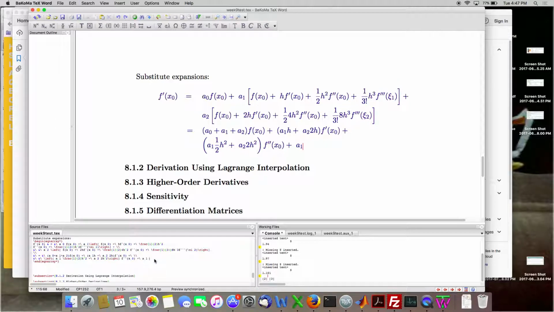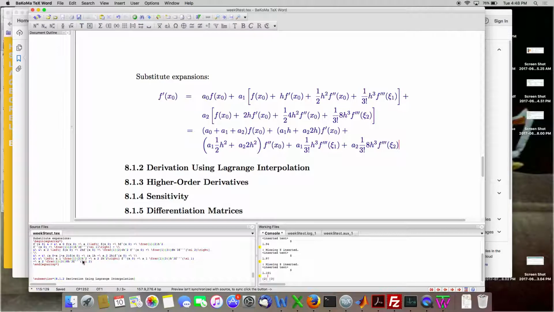A1, plus the first remainder plus a2 times the second remainder. And that would be right here. No. This thing is not listening to me. Oh, okay, pasted in the wrong place. There we go. All right.